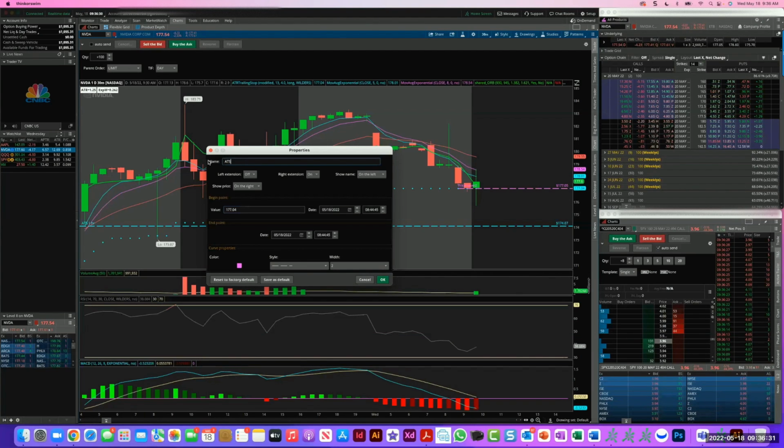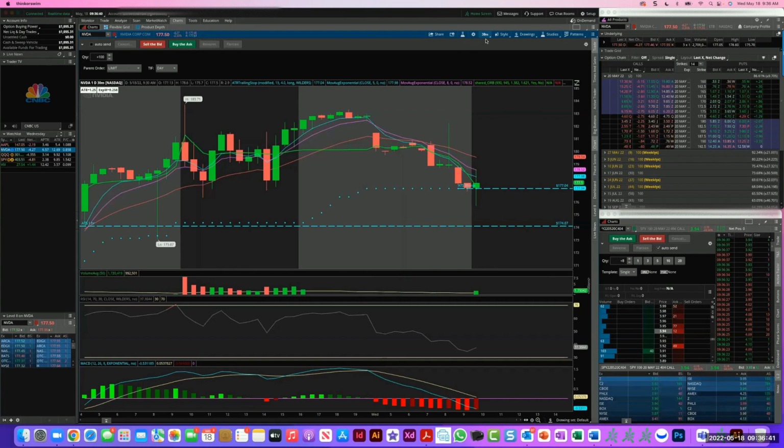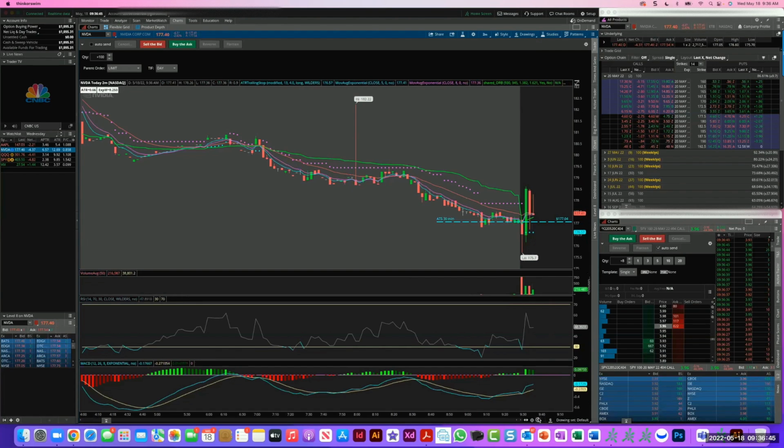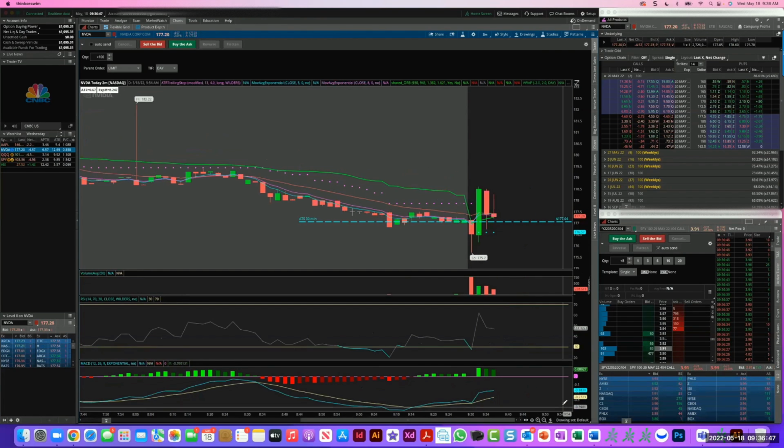ATR trailing stop 30-minute. Sorry about that. And go back to the 2-minute chart and just kind of see where we are. So that seems to be holding.